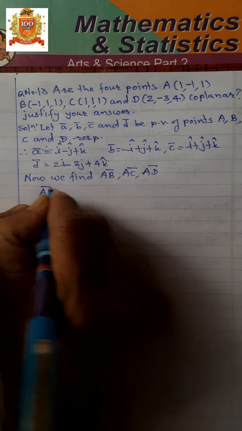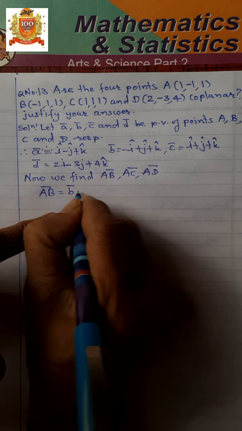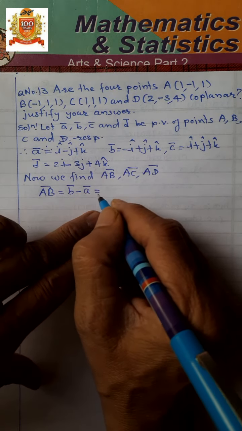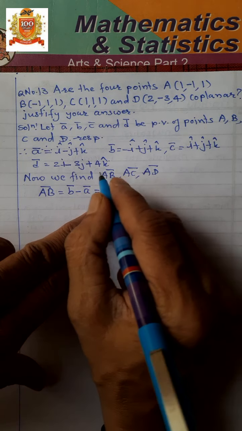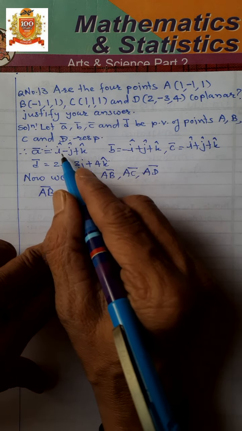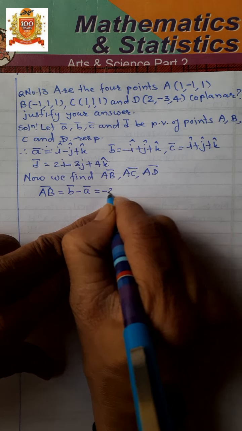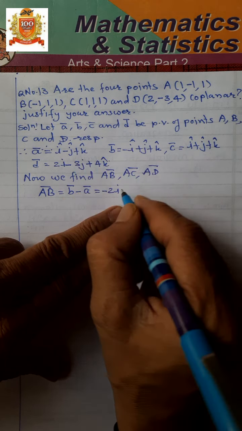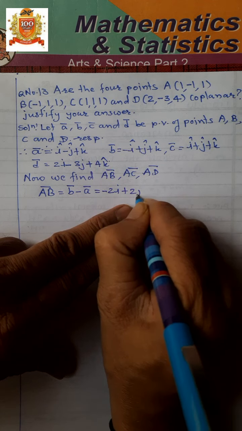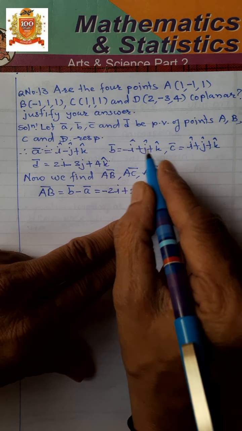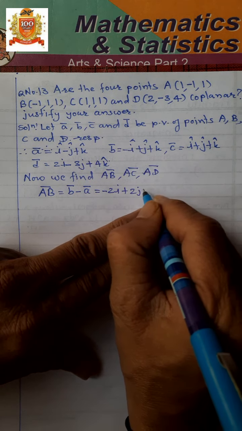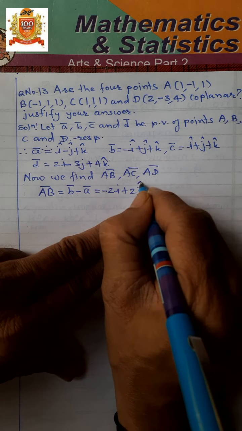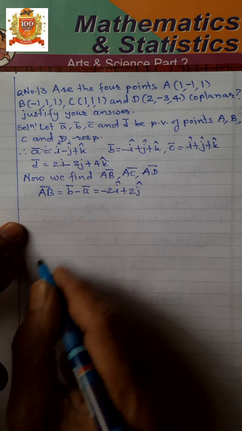AB bar is equal to B bar minus A bar, which is minus i minus i, that is minus 2i, j plus j, that is 2j, 1k minus 1k, that is 0. Therefore, minus 2i plus 2j is AB bar.